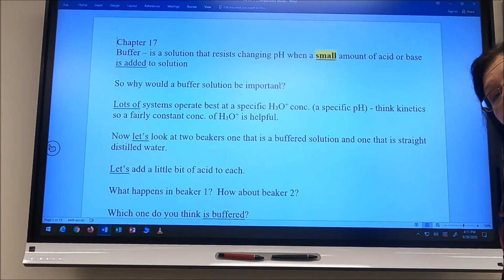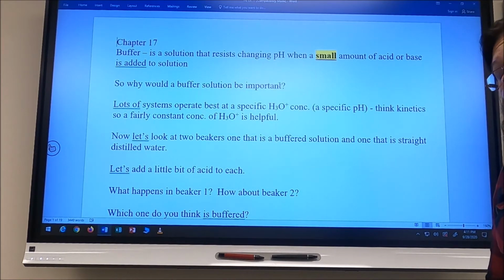There's a different buffer that's operating inside your cells, and there's a third buffer that operates in your kidneys. So there are lots of systems where maintaining the pH, the hydronium ion concentration in solution, is important.